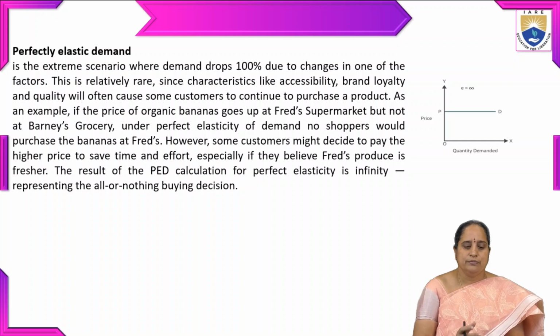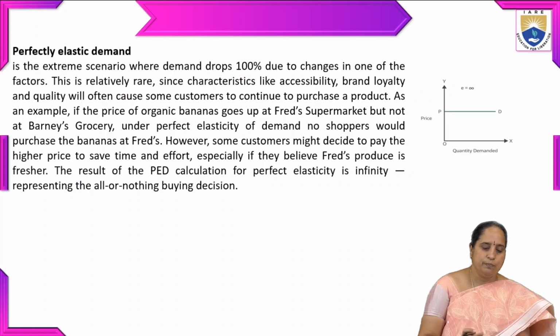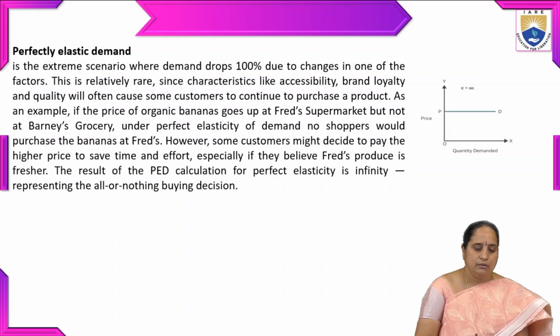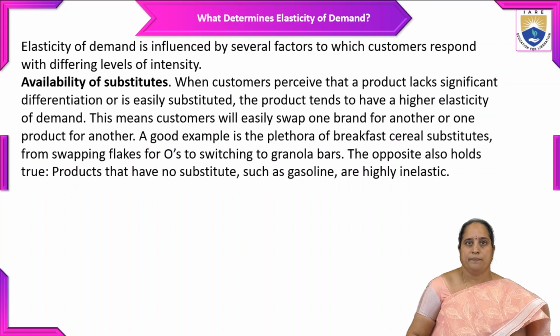The result of the PED calculation for perfect elasticity is infinity, which means unlimited, representing the all or nothing buying decision. So it depends. Based on individual perception, people may select any of the places to buy organic bananas.